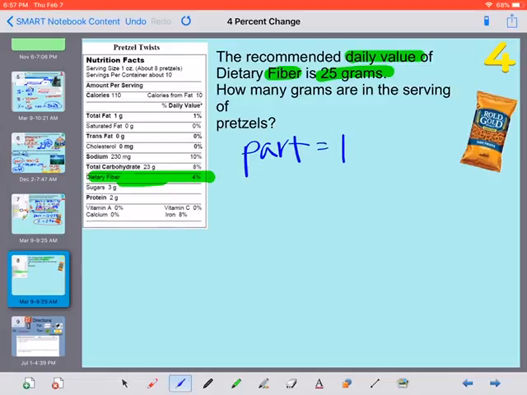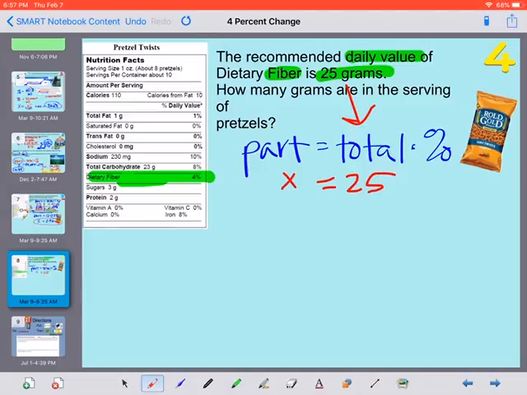So the part is the total times our percent as a decimal. So the total in one day is 25 grams. We don't know how many grams we're getting from the pretzel twist, but we know it's 4%. So as a decimal, it's 4/100ths. We divide by 100 because it's 4% out of 100%.